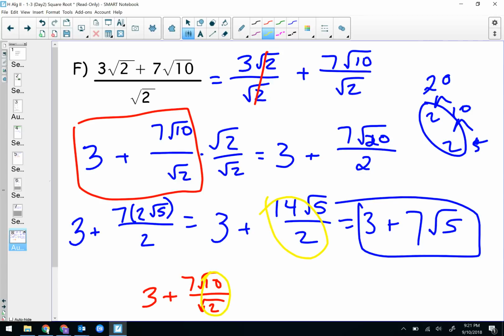Take a look at those radicals. Can't I reduce those radicals? Don't I have a 10 and a 2? And since they're both on the inside, I can reduce them. 3 plus 7, and then look, radical 10 over radical 2 can just be radical 5. 10 divided by 2 is 5. That gets you there a little bit smoother. Okay, no rationalizing needed there.